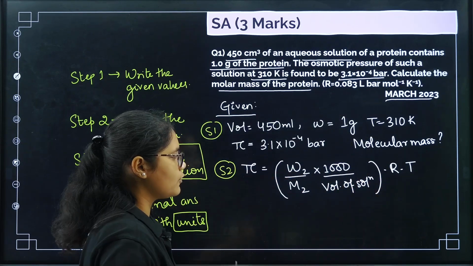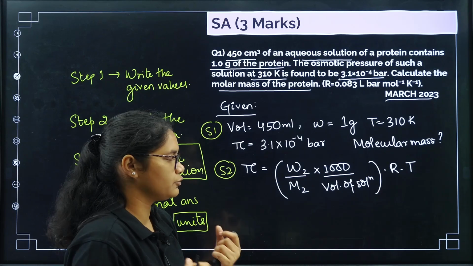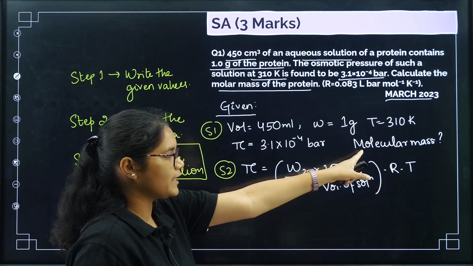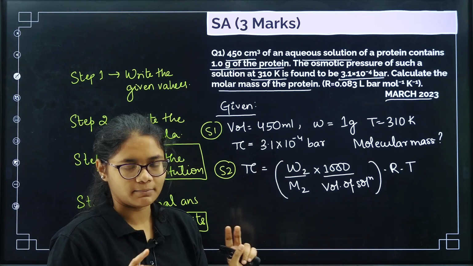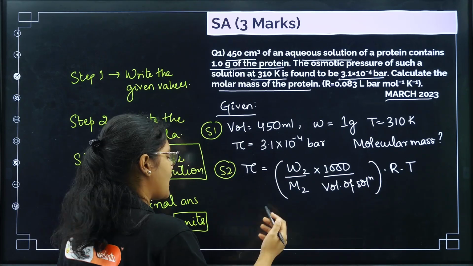Now for easy calculation, since you need to calculate molecular mass, you can write the expression in the form of molecular mass, but that step is optional. So I'll do like this.